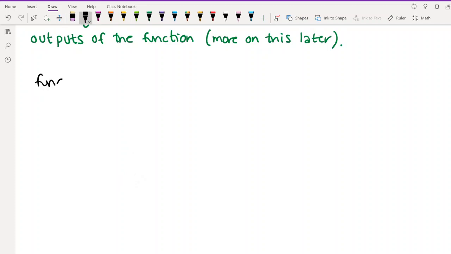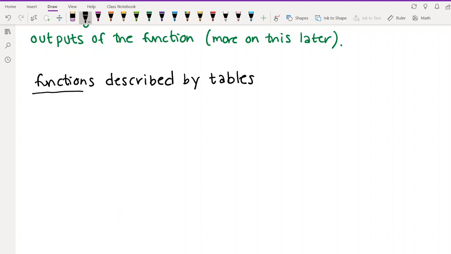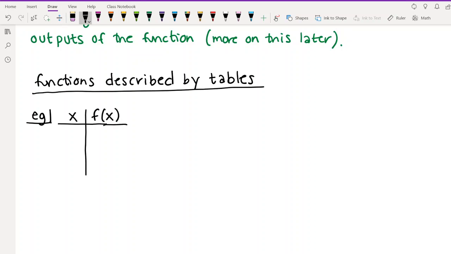So functions described by tables. There's one important distinction that I need to make here. Let me first write down this function, and once I have it written down, I can explain what I'm about to say. So this is a function defined by a table.